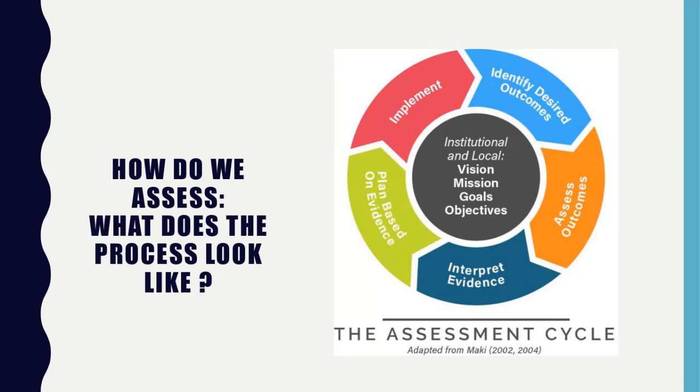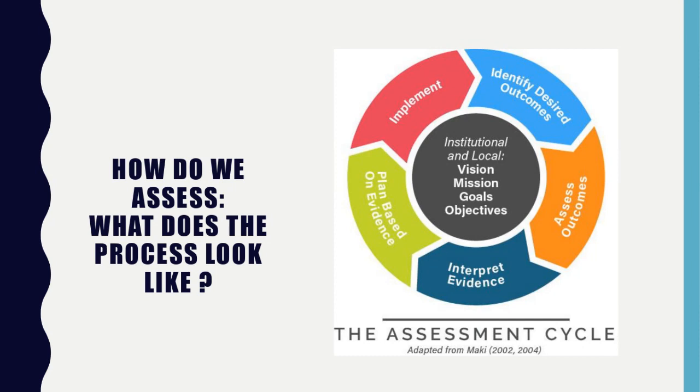But when we look at assessment in general, there's really a continuous cycle that occurs, and it's identifying our desired outcomes. So we have 5 identified general education outcomes, and then from that point, taking that outcome, assessing it based on our set parameters, our set criteria and values for success, and then interpreting the information that we do gather from our different studies and evaluations.